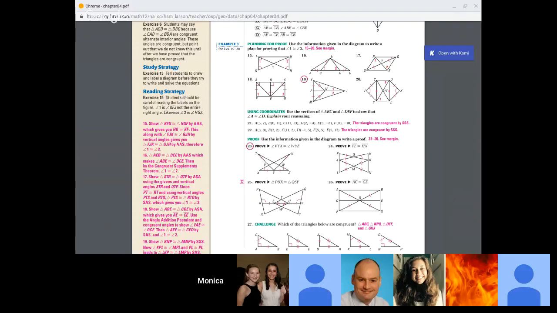And then for 21 and 22, use the vertices of A, B, C, and D, E, F to show that angle A is congruent to angle D, and then explain your reasoning. Really, what I would start out doing when I see points like this and I need to say that the triangles are congruent, I would try to do the distance formula on those.